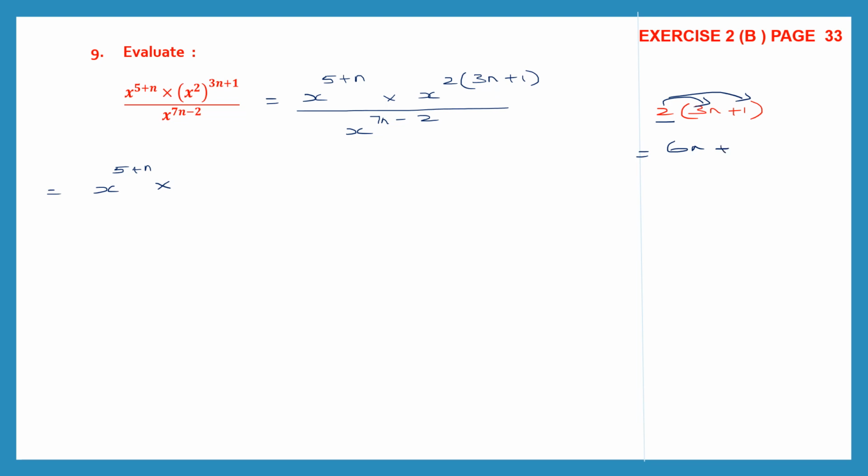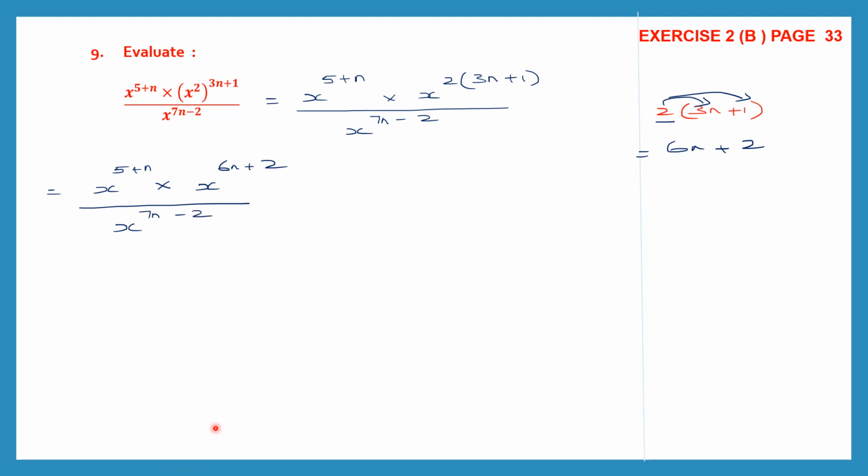So 2 into plus 1 is plus 2. So we have 6n plus 2. So now we write x raised to the power of 6n plus 2. We solved this and we got 6n plus 2, so we have raised it to the power of 6n plus 2. Now this whole thing is divided by x raised to the power of 7n minus 2.